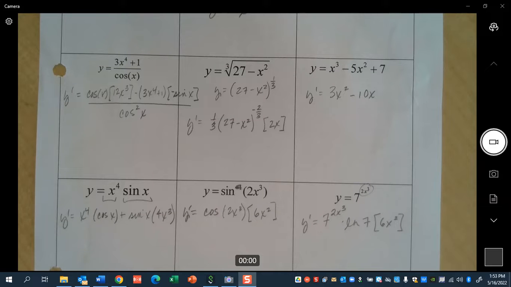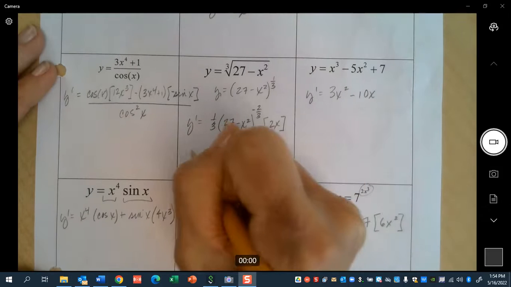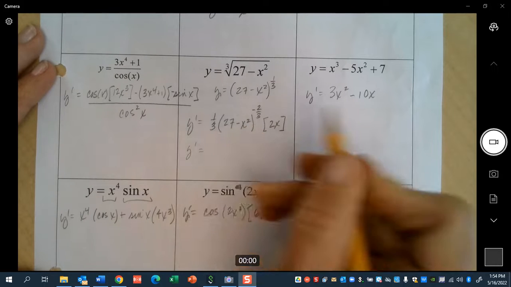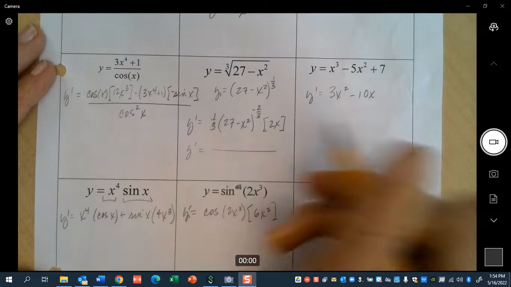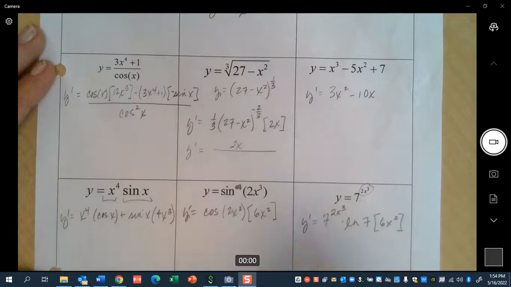In that middle box, I'm going to rewrite my radical as to the 1/3 power. This 1/3 comes out to the 1 less power times the derivative of what's inside. Now, if when I looked at my answers, I realized I needed to simplify more, here's something you need to know. This 2 and this x are in the numerator.